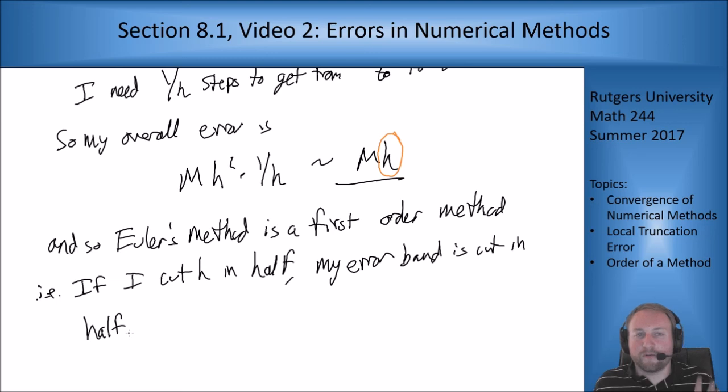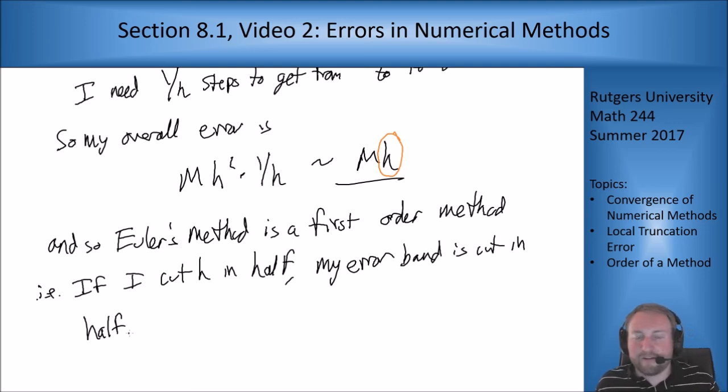This sort of thing only works for first order methods. For second order methods, if I had an h squared there, if I cut it in half, I would expect to be 4 times closer. I would expect to have a quarter of the error bound by cutting my step size in half. This is why these higher order methods are useful, because they give you bigger improvements for smaller increases in numerical computation.